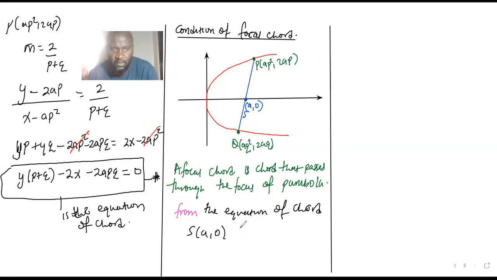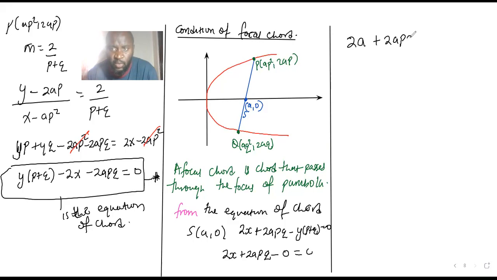And the equation of the chord we have seen is 2x plus 2APQ minus y(P plus Q) is 0. Now, if you look at this, y is 0. When you put in y is 0, you'll get 2x plus 2APQ minus 0 is equal to 0. What is our x value? Our x value is A. So we shall have 2A plus 2APQ is equal to 0.